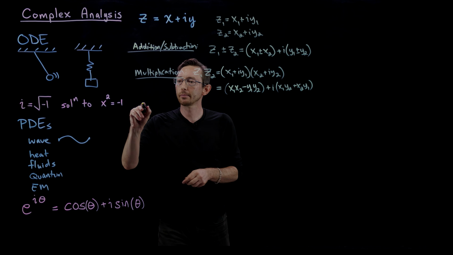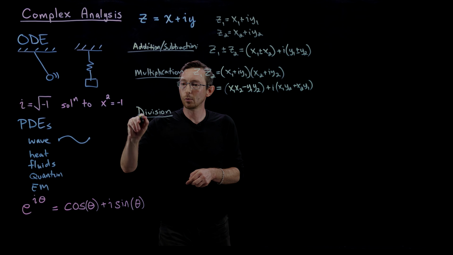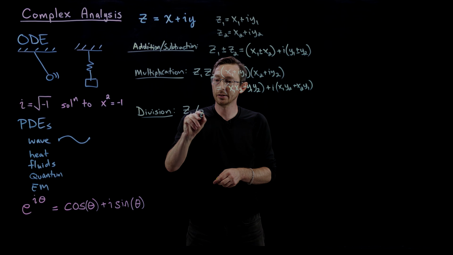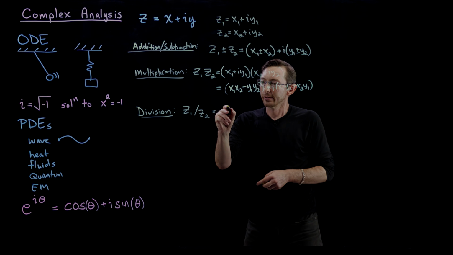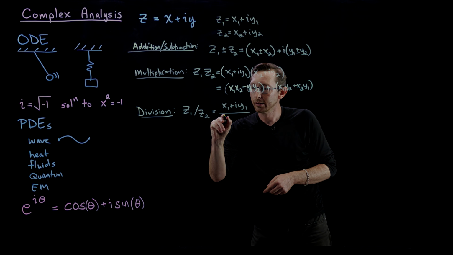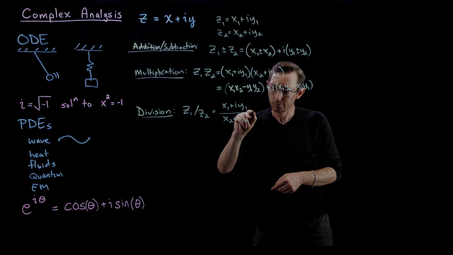Let's say we do division. Okay, so division would be, let's say I take z1 divided by z2. So that's x1 plus iy1 divided by x2 plus iy2.